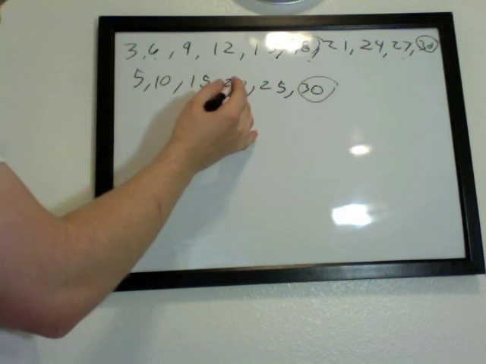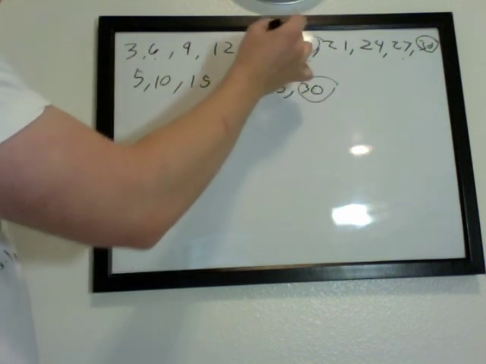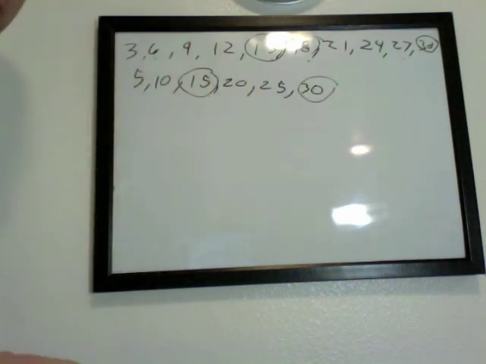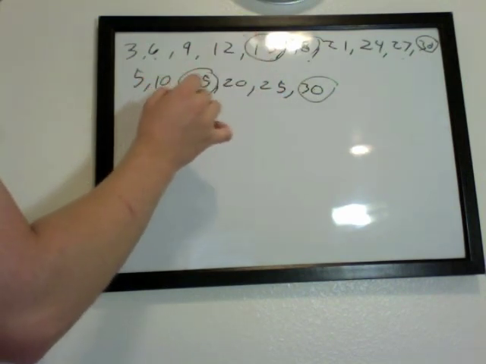And then we see here, you go down here and you have a 15 here and a 15 here. What is the least thing they have in common? What's 15?